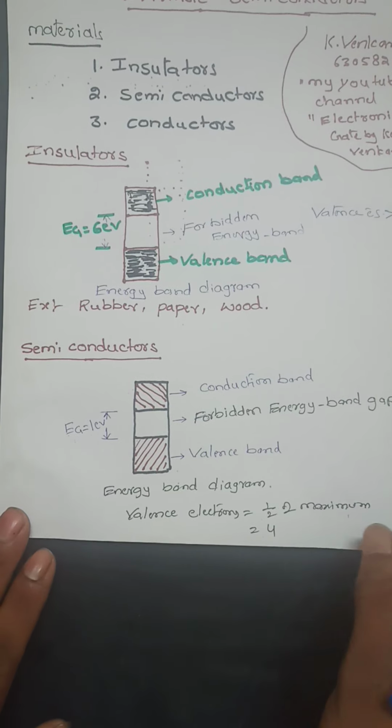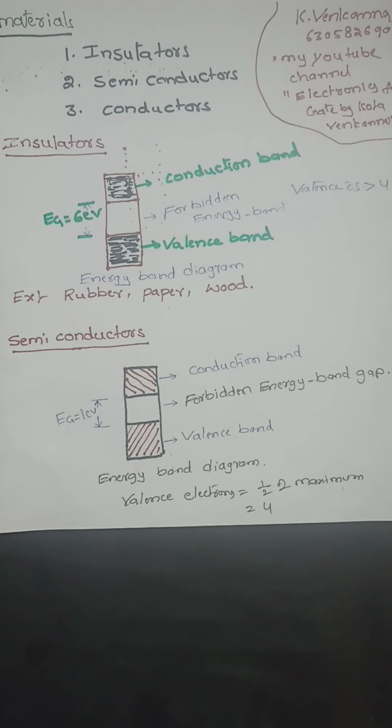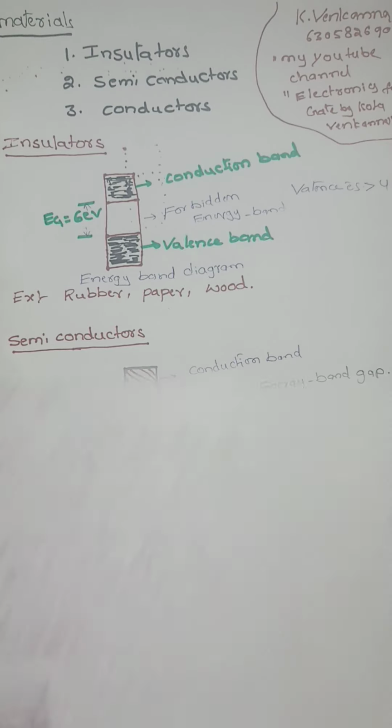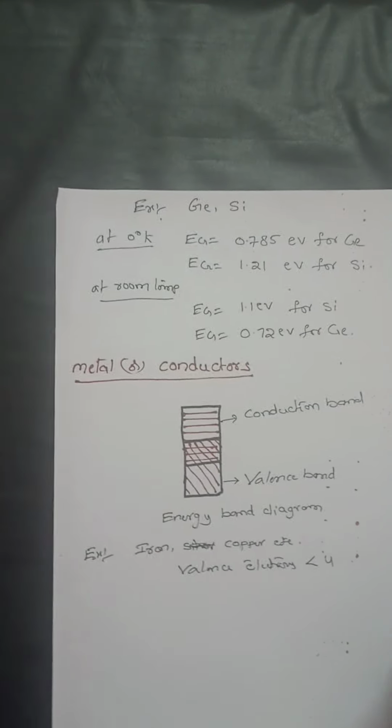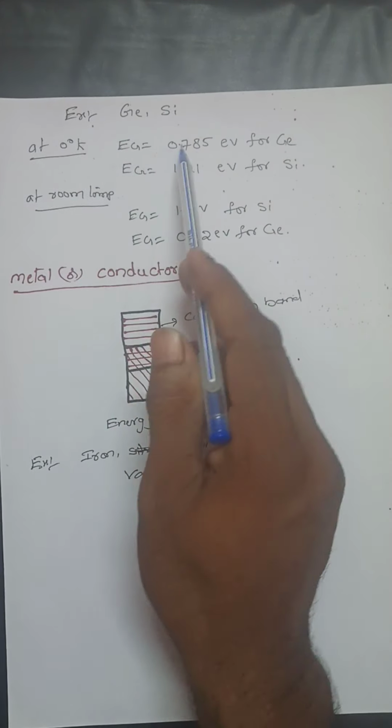Examples of semiconductors: silicon and germanium.